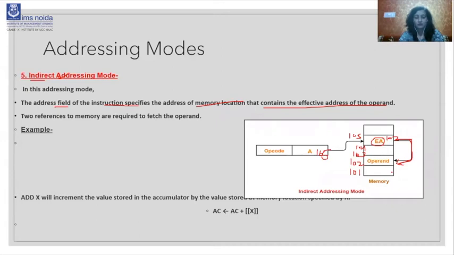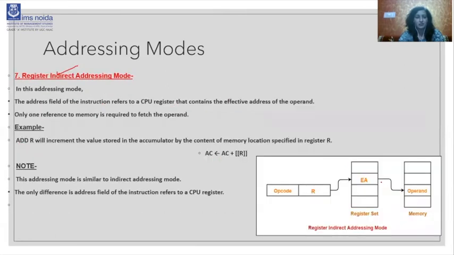Now we have to check the difference between indirect and register indirect. In indirect, we check the operand in memory, and one address contains another address, right? Similarly in register indirect, we check the register set first, and after that we have to check the memory.